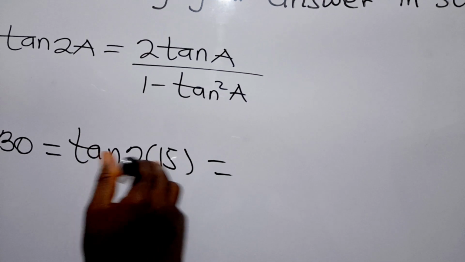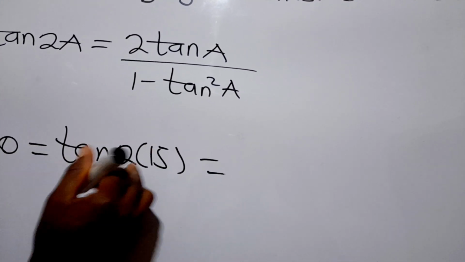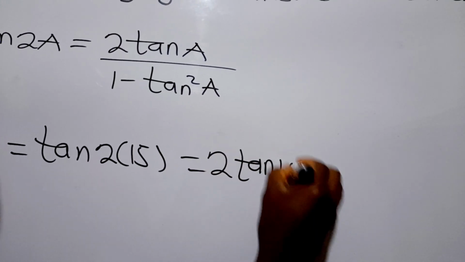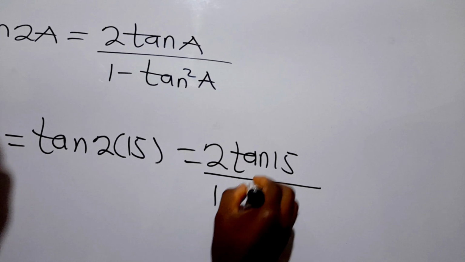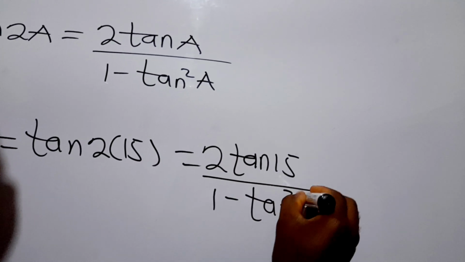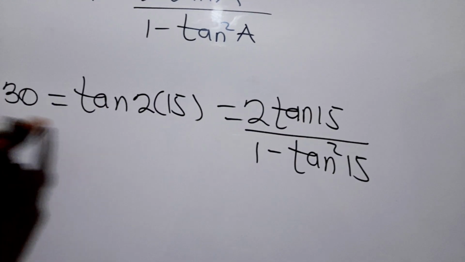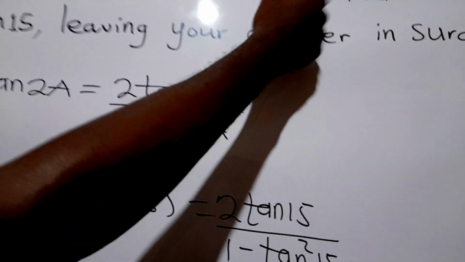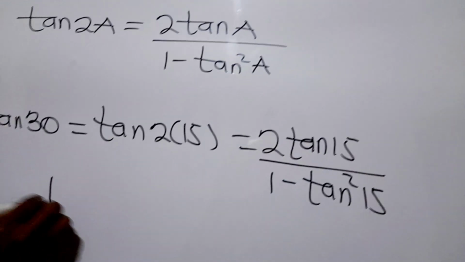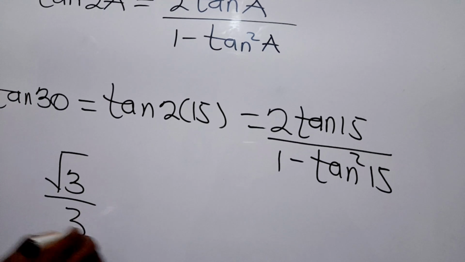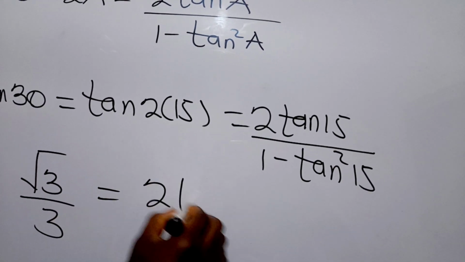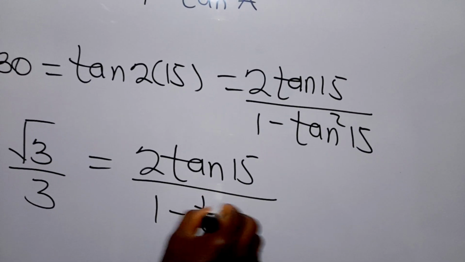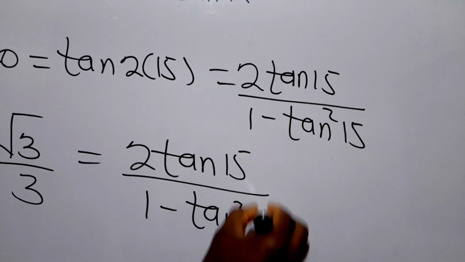So tan 2 times 15 will equal 2 tan 15 over 1 minus tan squared 15. And tan 30, which is equal to tan 2 times 15, is giving us root 3 over 3. So we can say root 3 over 3 is equal to 2 tan 15 over 1 minus tan squared 15.